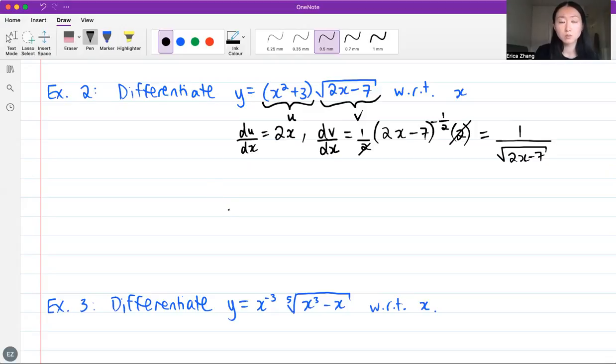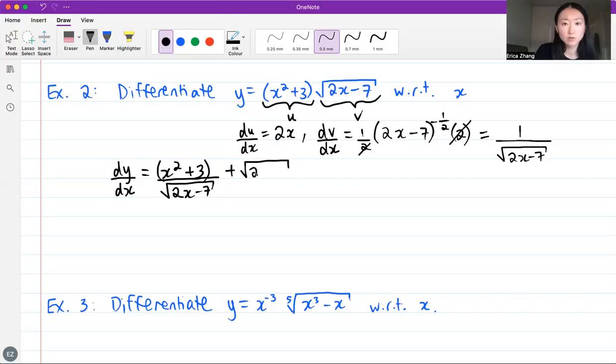All right, so we can put this together using the product rule now. So dy dx is equal to u, which is x squared plus 3, multiplied by dv dx, which we've written on the right-hand side. This is 1 over square root of 2x minus 7 plus v, which is square root of 2x minus 7 times du dx, which is 2x.